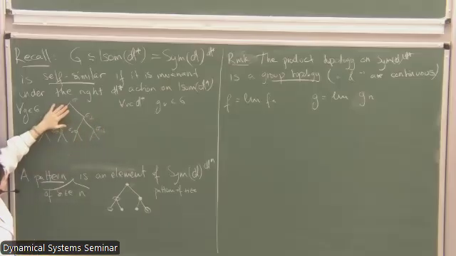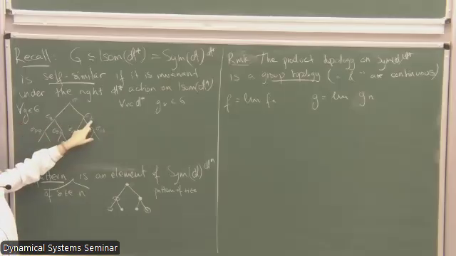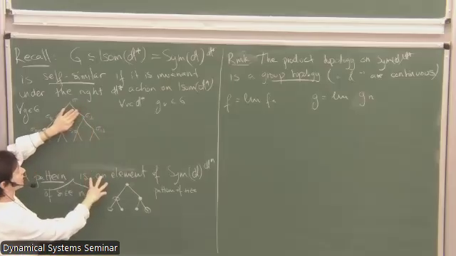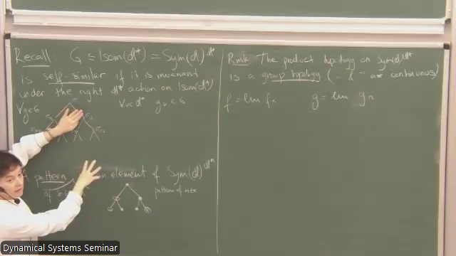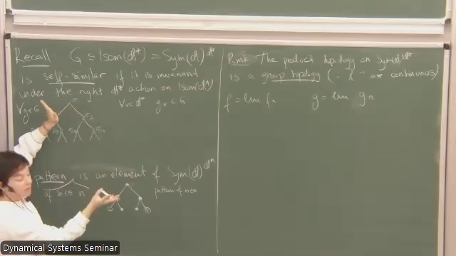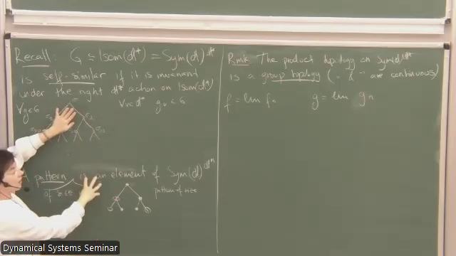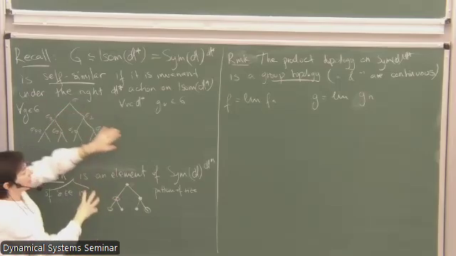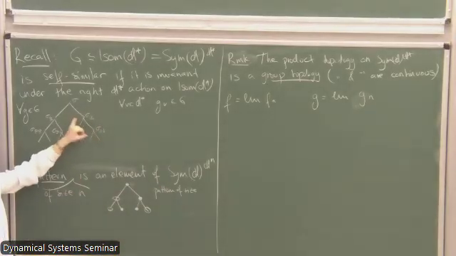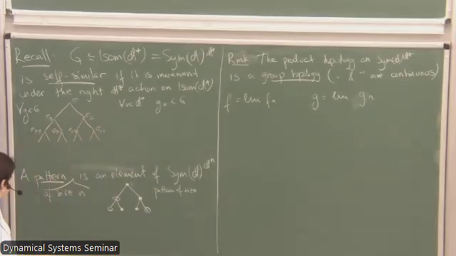Then I can look at its shift by, say, the symbol 1. It's just looking at this subtree that starts with the symbol 1 and pretending that this is the whole binary tree. And I want this configuration to be in my group, and not just for the letter 1, but for every other vertex of the tree. So that's what it means to be self-similar.